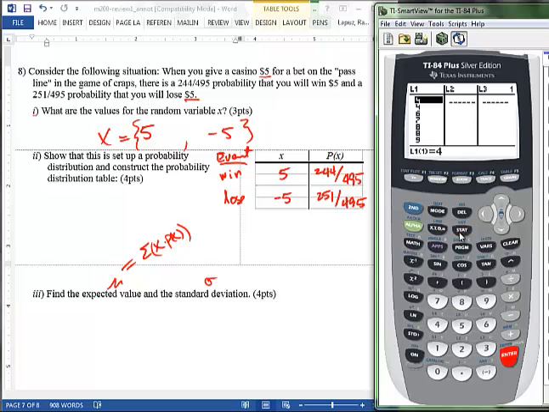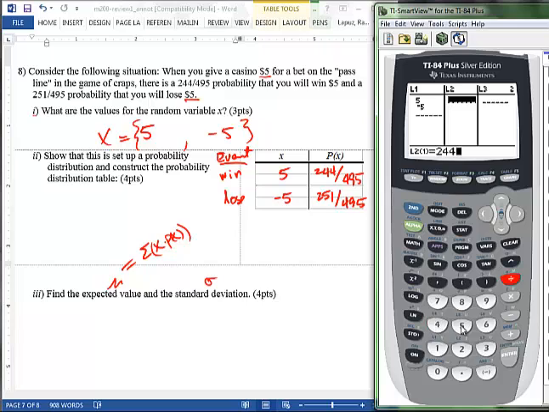So go to your tables or your lists, and let's clear out all our lists. We're going to use L1 and L2. For our first list, L1 is going to be our random variables, 5 and negative 5. Remember, the negative sign for the 5 is down here. Our list 2 will be our probabilities.